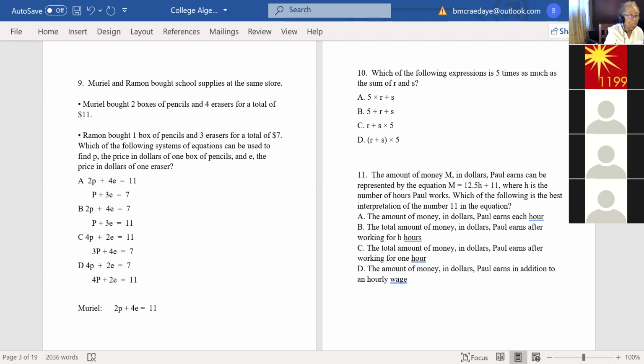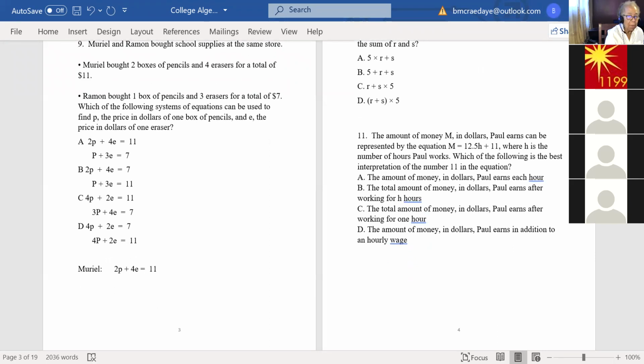In other words, 2 boxes of pencils at a cost of P, where P is the price in dollars of 1 box of pencils, times the cost of 1 box, plus 4 erasers at the cost of 1 eraser, is equal to a total of $11. Everybody see that? Latoya just gave it for Muriel.